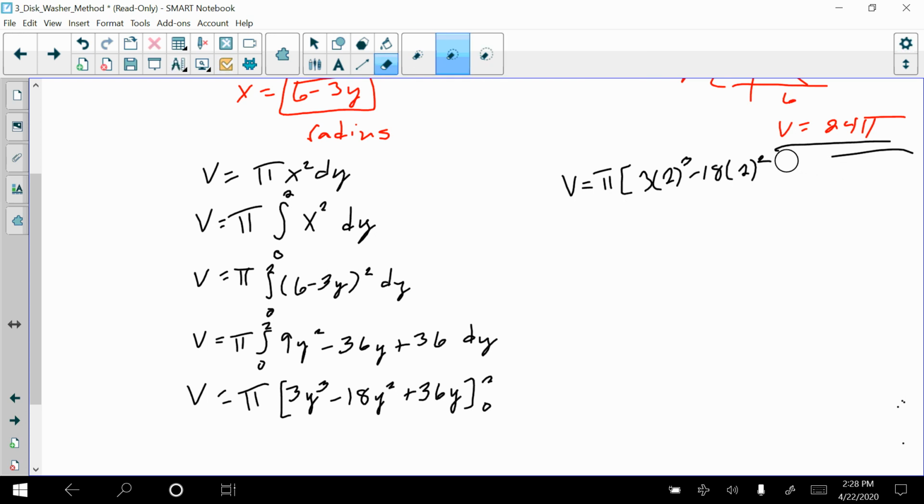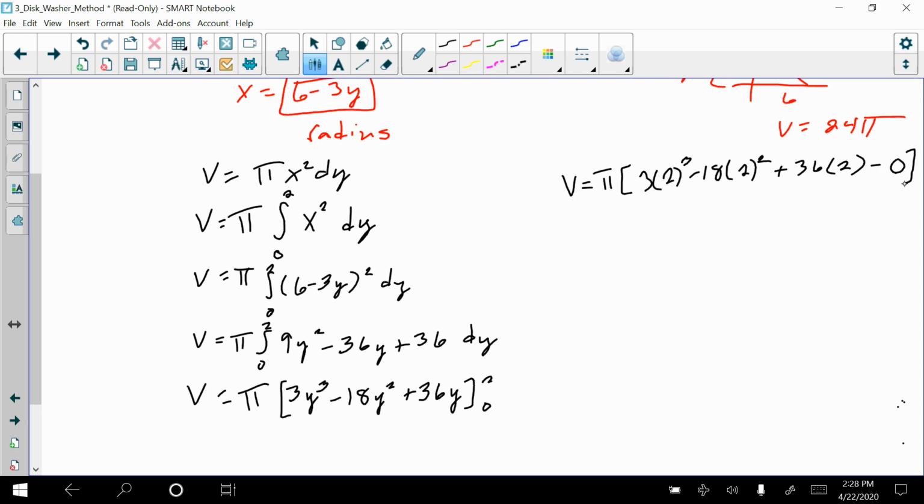Let me erase these here. Plus 36 times 2, and when I substitute 0 for y, with the fundamental theorem of calculus, all of those things are going to simplify to be 0. So if you want to, you can just say minus 0 to show that after you substitute the lower bound, everything's going to simplify to be 0 anyway.